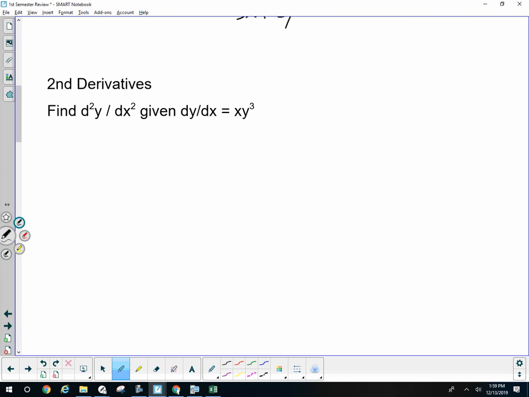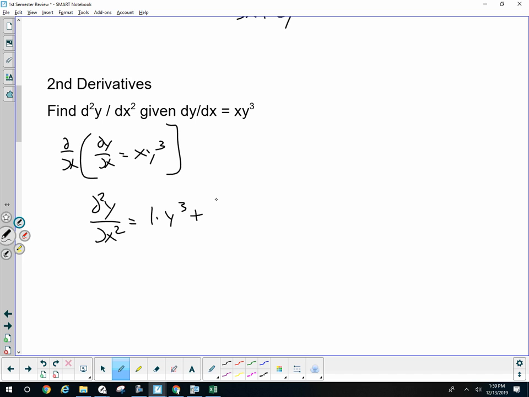But be careful with second derivatives. Like say we are given dy dx is equal to xy cubed. If I were to take the derivative of this with respect to x, I would get that d squared y over dx squared. That's where it comes from. But derivative of xy cubed would be the derivative of the first times the second plus the derivative of the second, 3y squared, dy dx times the first.